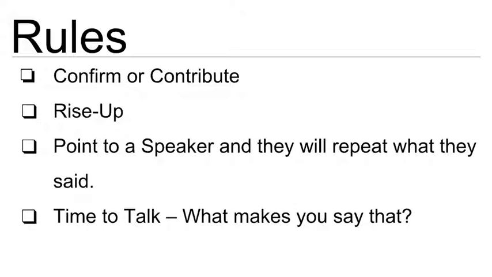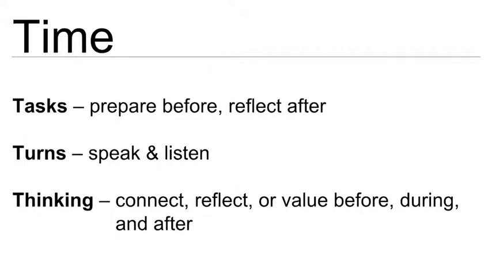Time to talk can be a signal where students can say, stop, time to talk, and they can talk about what was just said before continuing on in a discussion. So the rules ensure that all learners can participate effectively and efficiently in the conversation.